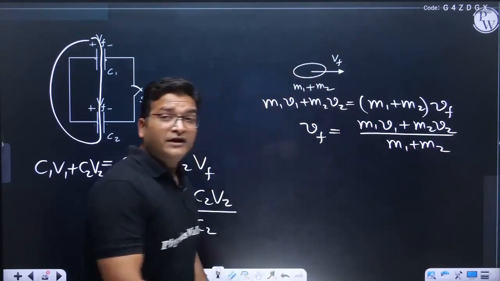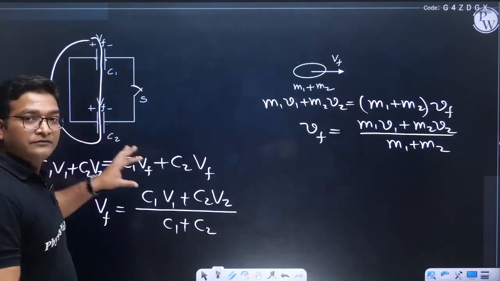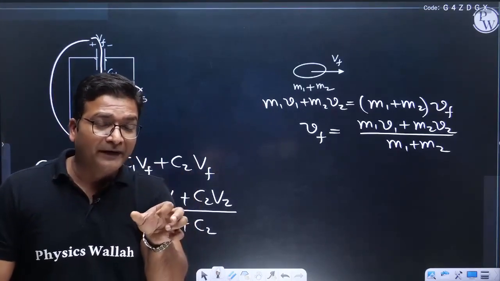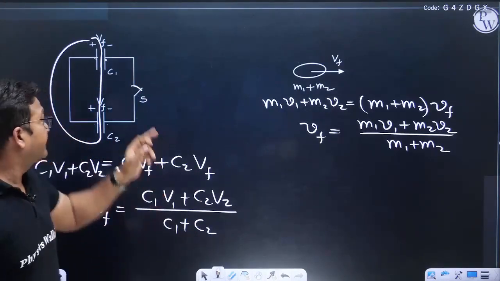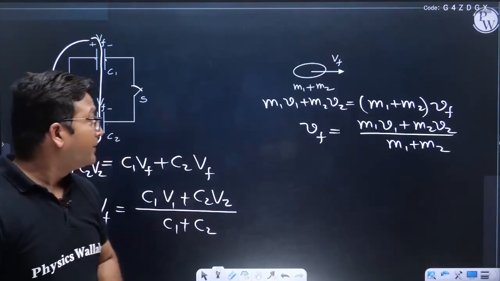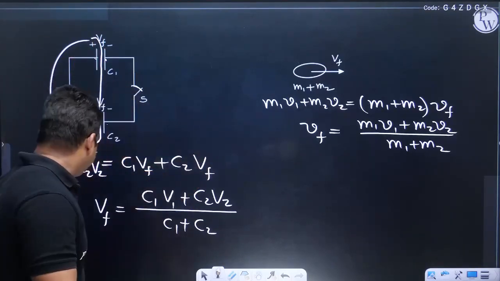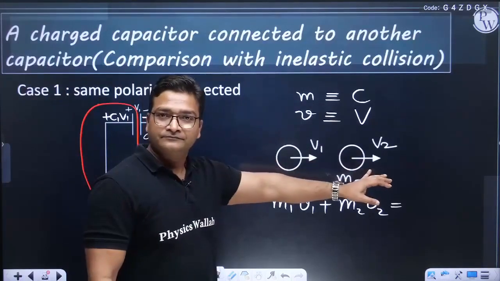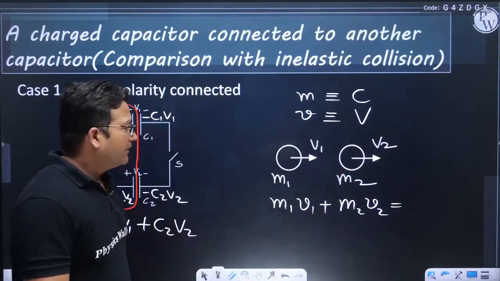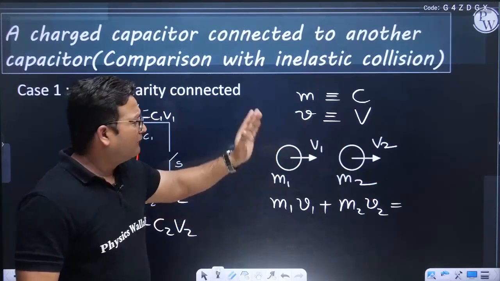So you can also think of the two capacitors, when both positive plates are connected together and negative plates connected together, meaning when same polarities are connected together, as two masses moving in the same direction with velocities v1 and v2. Replace mass by capacitance and velocity by voltage.